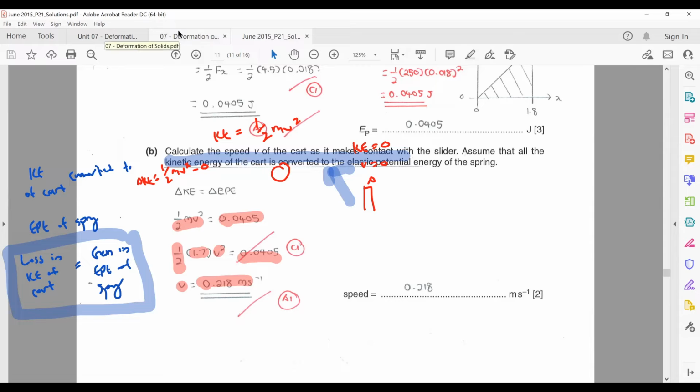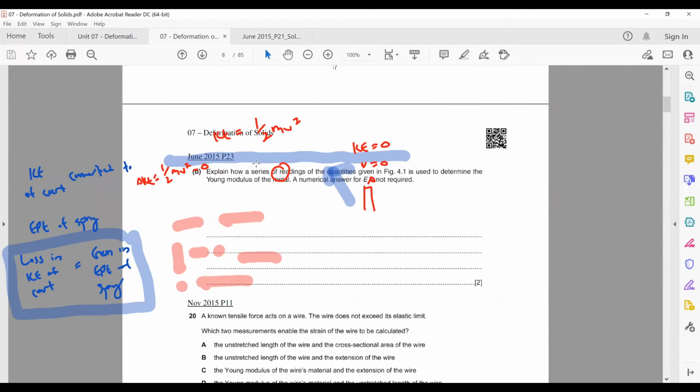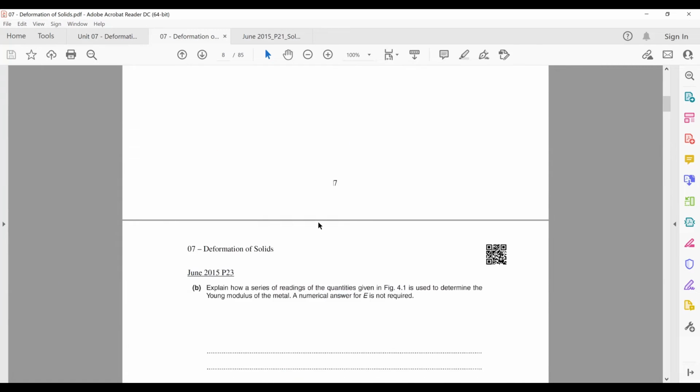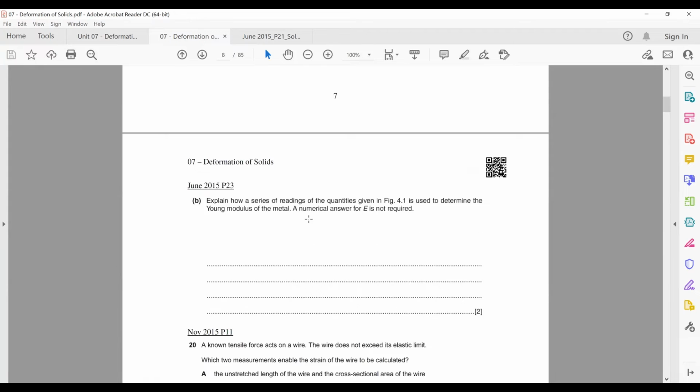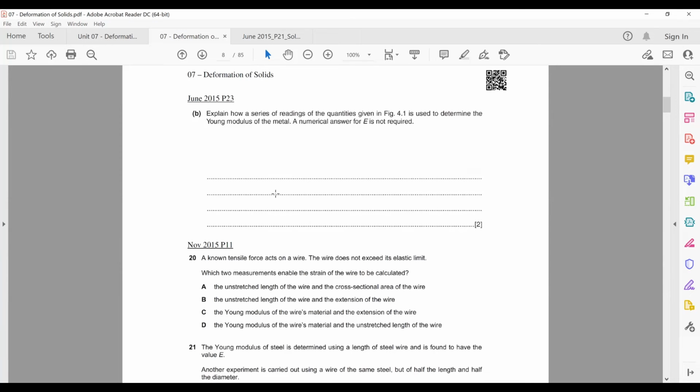Then I'll move on to the next part, which is this. Okay, the next part will be June 2015 P23, the next page. Explain how a series of readings of the quantities given in figure 4.1 is used to determine the Young's modulus of the metal. Okay, this one I forgot to write the question number.